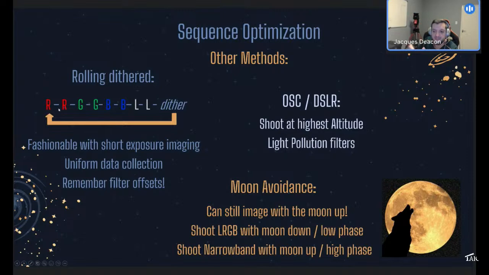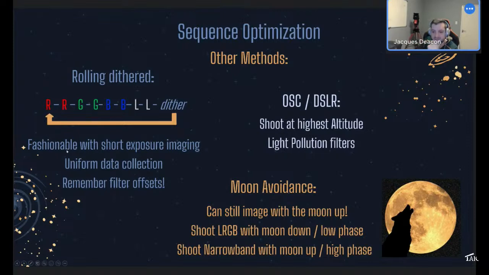As you can see in this example, you only dither every 8th frame physically, but every 2nd frame of your individual filtered frames is actually dithered. So quite unique, and quite useful if you do shorter exposures and are trying to get over that dithering overhead cost, if you are doing just sequences of one filter sets.